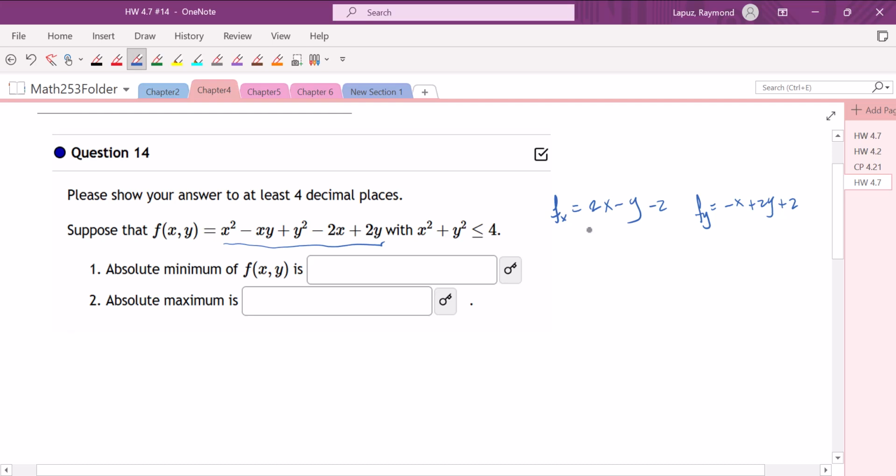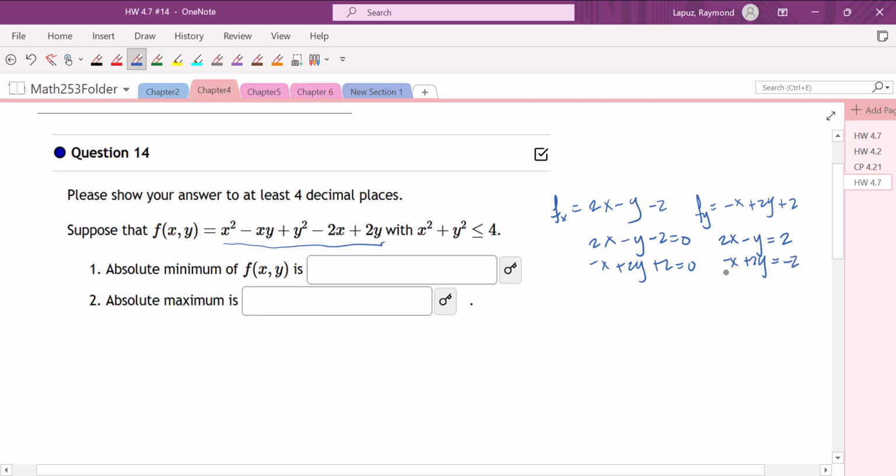Let's set them both equal to 0. We got 2x minus y minus 2 equals 0, and negative x plus 2y plus 2 equals 0. Let's write it neater: 2x minus y equals positive 2, and negative x plus 2y equals negative 2.